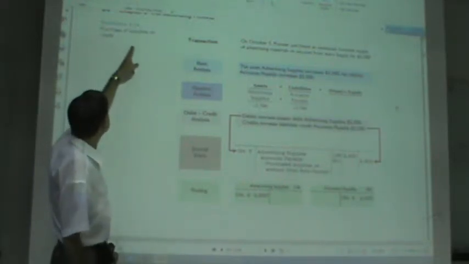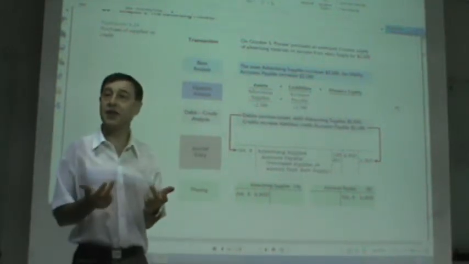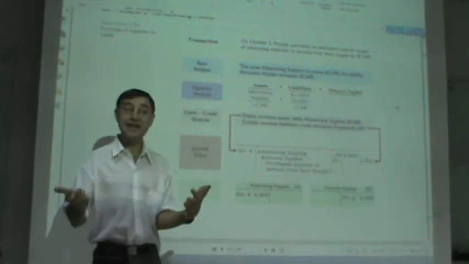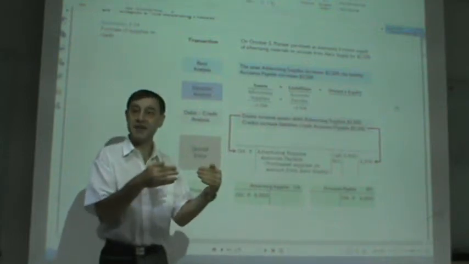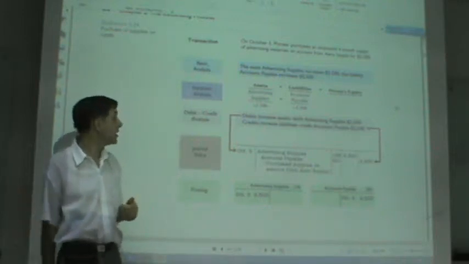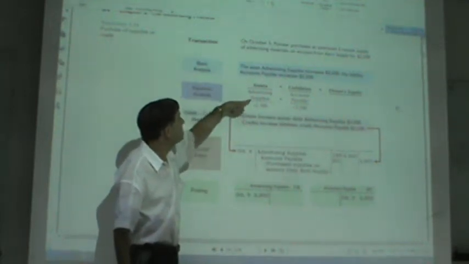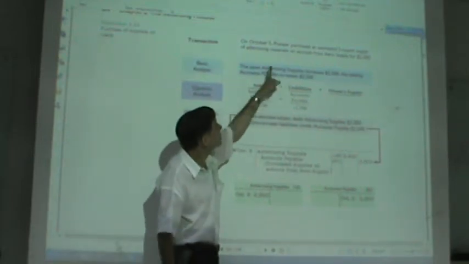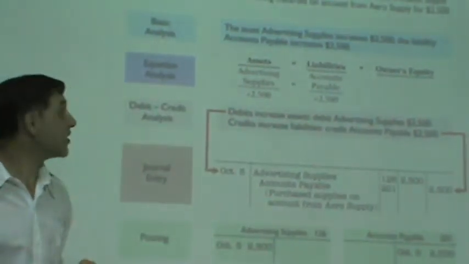Next one, purchase of supplies on credit. Supplies are a little tricky. They may be an asset or they may be expense. When we purchase them, we put them as an asset. When we use them up, we consume it, it becomes an expense. So in this particular case, supplies plus 1,200 because it's on credit, liabilities plus 1,200.